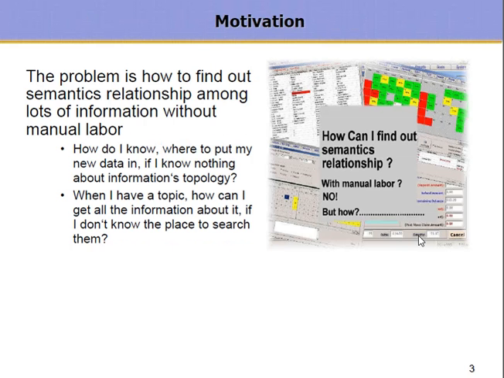So the problem is how to find out semantic relationships among lots of information without manual labor. You know that if we have a large data set, or a large set of features, and we want to develop an understanding of the semantic relationship between them, then doing this manually can be a very time consuming and hectic task, right?